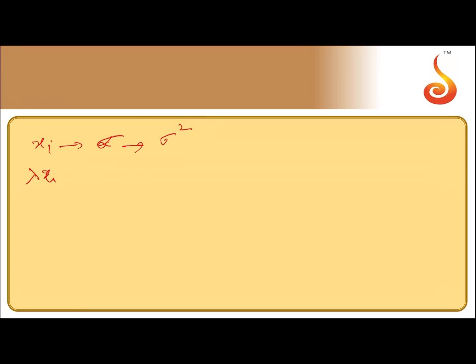If I multiply lambda to every element of the data, then the variance should be multiplied by lambda square. Therefore, the standard deviation is nothing but modulus of lambda multiplied by sigma.